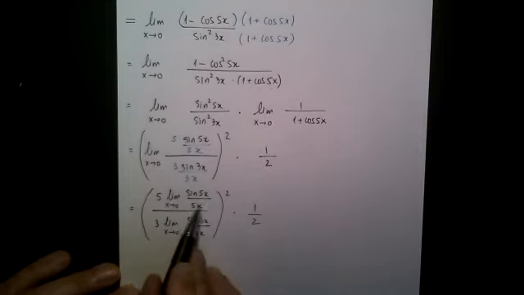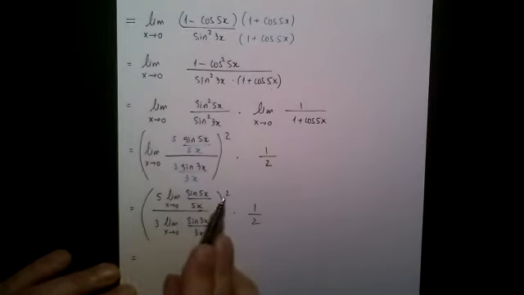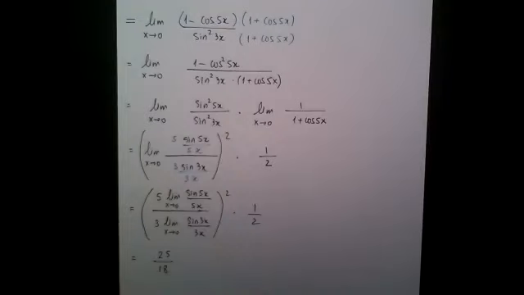And that's it. This is 1, this is 1, and we have 25 over 9 times 1/2, so it's going to be 25 over 18, which is what most of you guys got right.